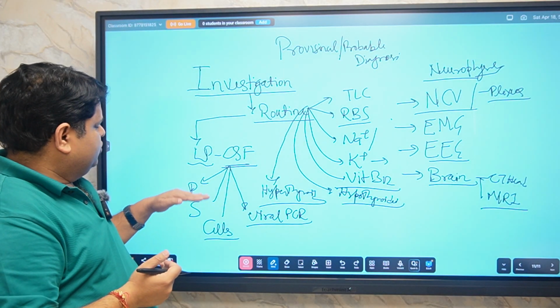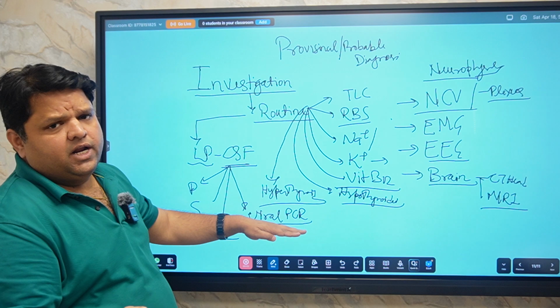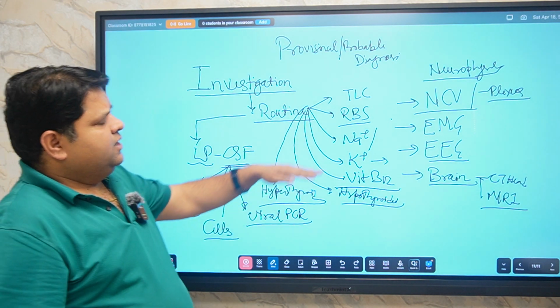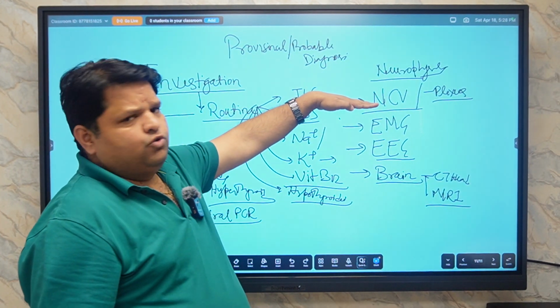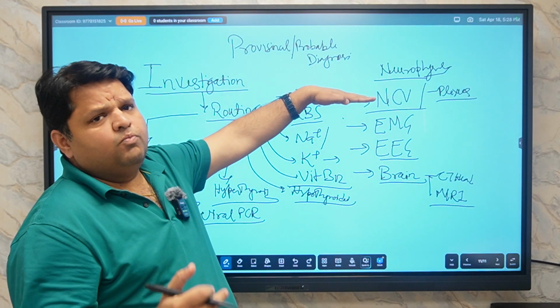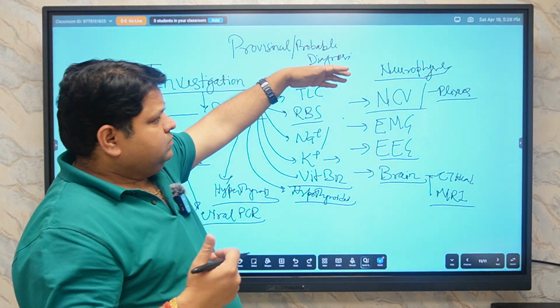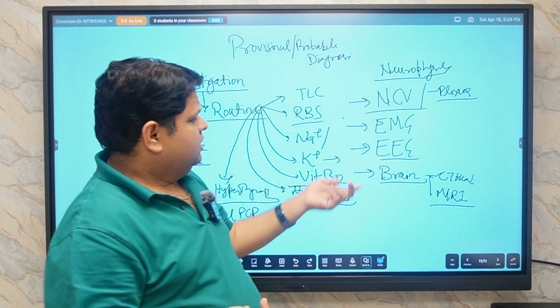In CSF examination, we look at protein, sugar, cells, and viral PCR or encephalitis and meningitis panel, or autoimmune encephalitis panel. In neurophysiology, nerve conduction studies are for neuropathy: peripheral neuropathy, GBS, CIDP, carpal tunnel syndrome, wrist drop. EMG is for myopathic disorders and motor neuron disease.